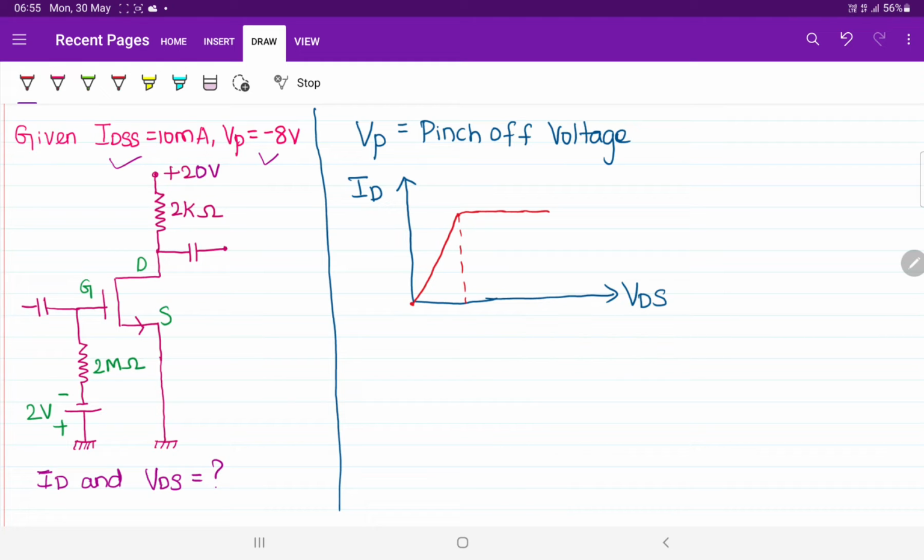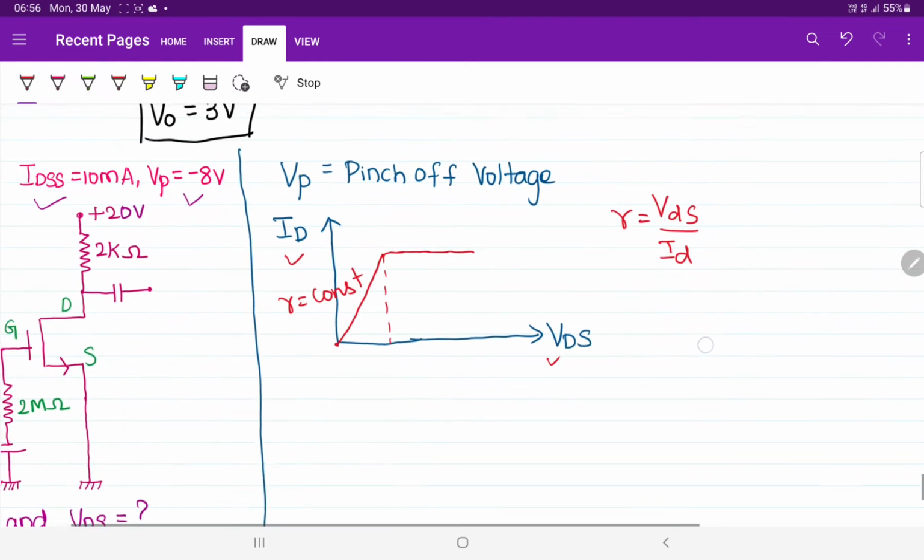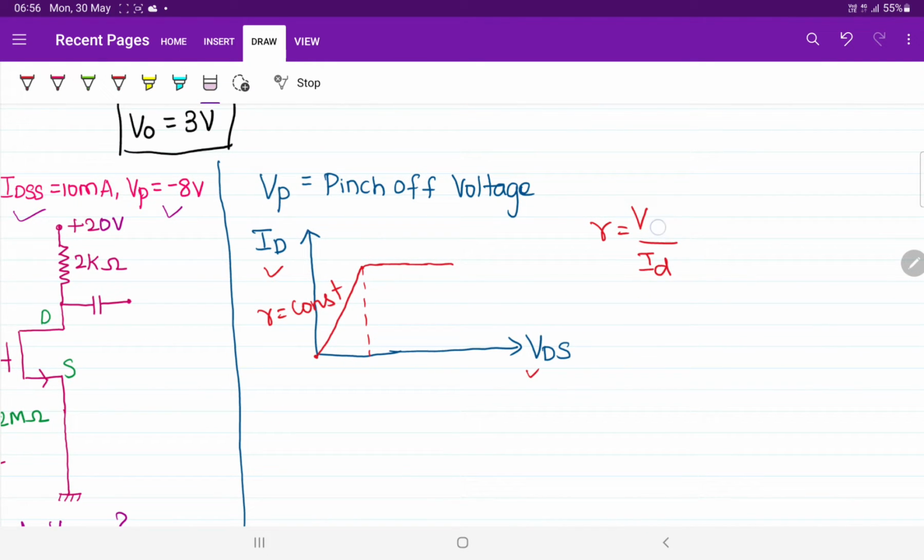Now if you observe, before this saturation region, the relation between ID and VDS is almost linear. Linear means the value of resistance is constant. How is it constant? According to Ohm's law, R is equal to V by I, that is VDS by ID.